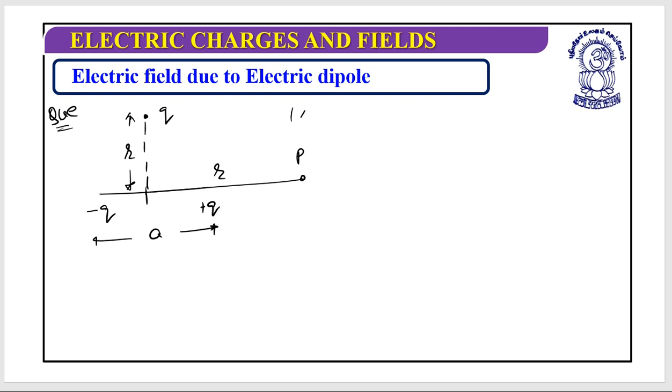They tell us that r is much greater than a, so indirectly they instruct us to consider a short dipole. Now they say the electric field at location P is E1, and the electric field at location Q is E2.